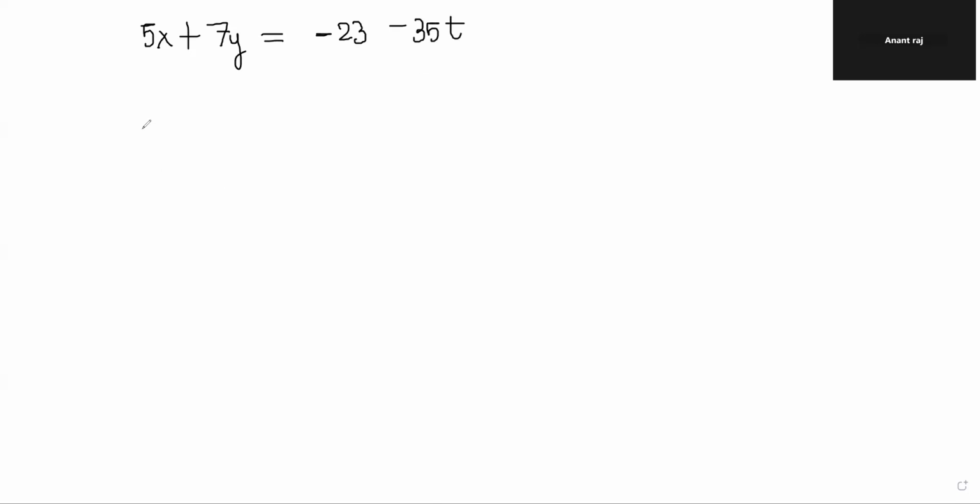And we have 5 into 3 plus 7 into minus 2 is equal to 1. 5 into 3 plus 7 into minus 2 is 1. But then you'll get 24 is equal to minus 35t.